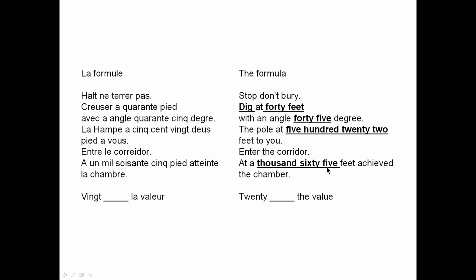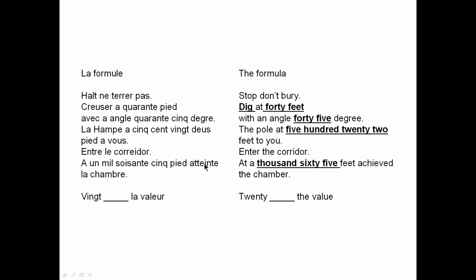And here we go right here. 1,065 is another, that was the second distance in Phil Stevenson's document at feet. And this could be reached the chamber, but it is in the past tense.